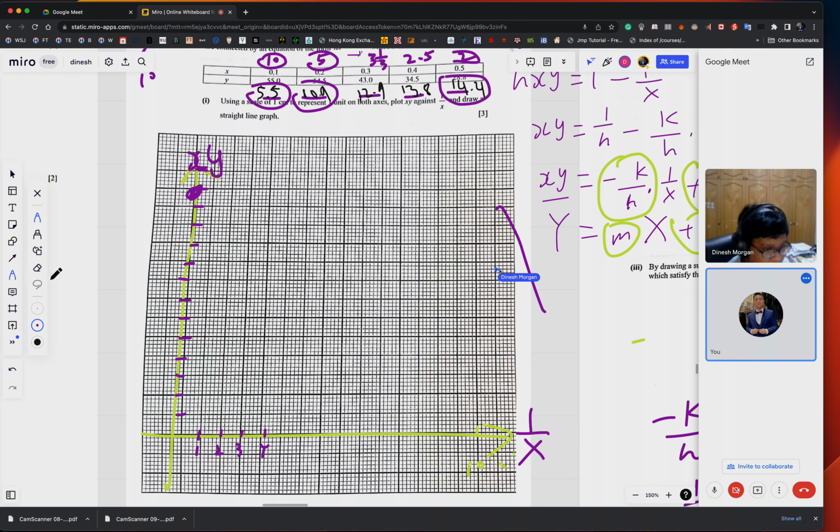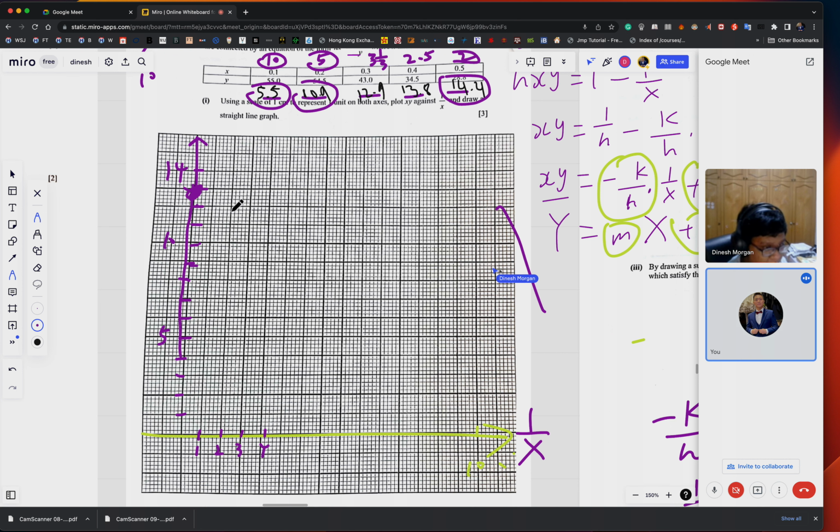So just let's not talk about the accuracy first. Just talk about the approach first. Approach matters. So when it's 2, then it's 14.4 here. This is 1, I'm sorry.